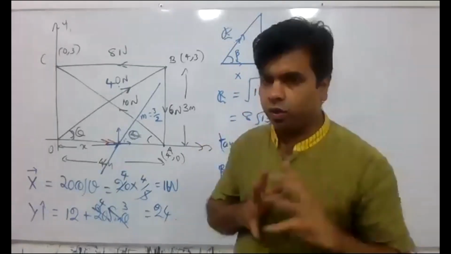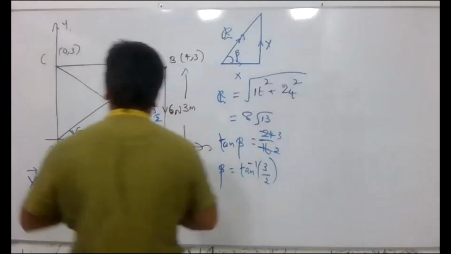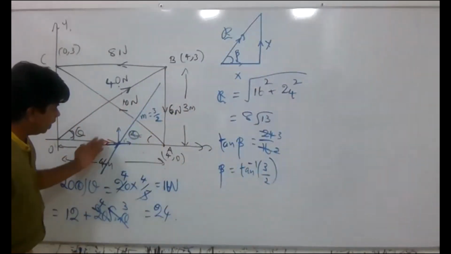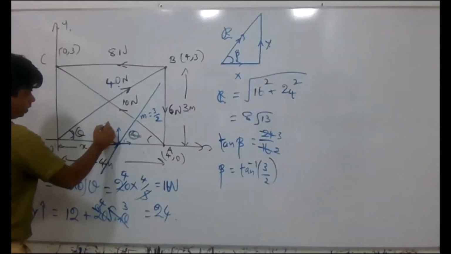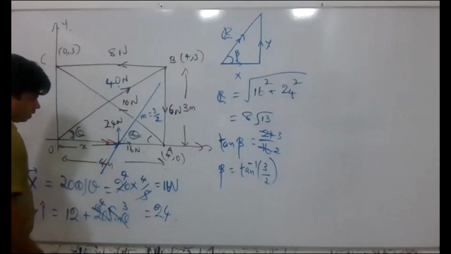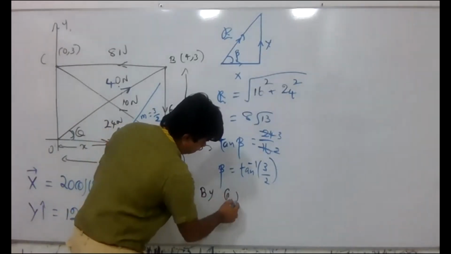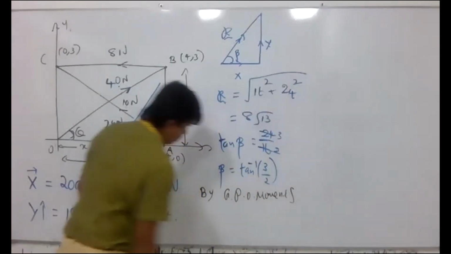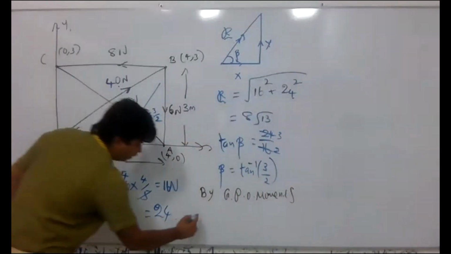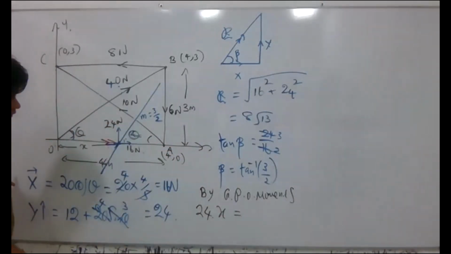Actually, you know that again, if you apply the general principle of moments, moment by resultant means the vertical component, see here 24, okay? And this is 16. Moment by resultant means actually 24 into that x equals moment by each force.